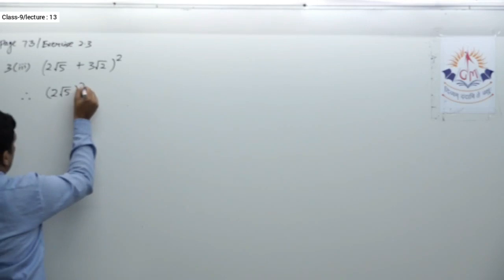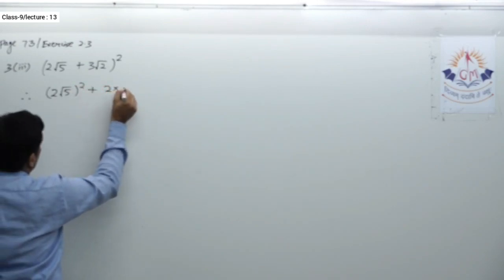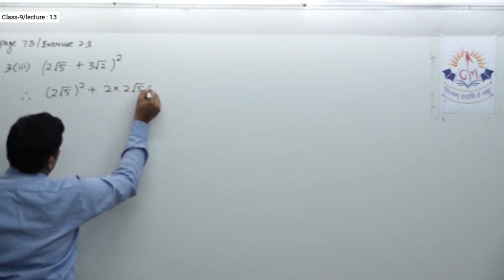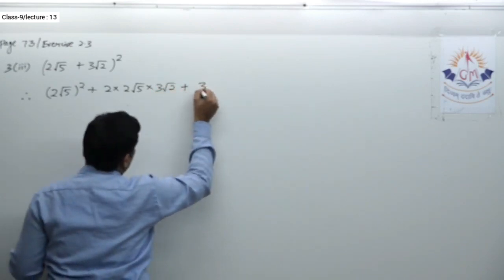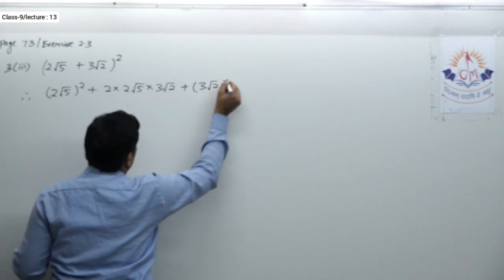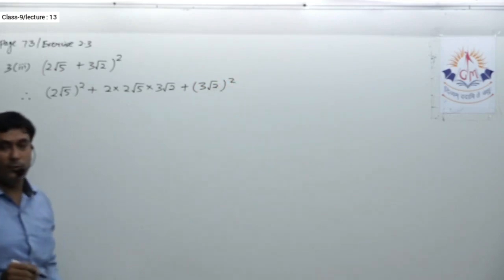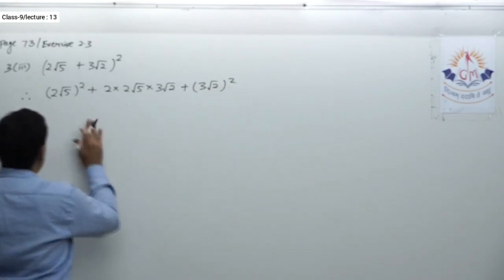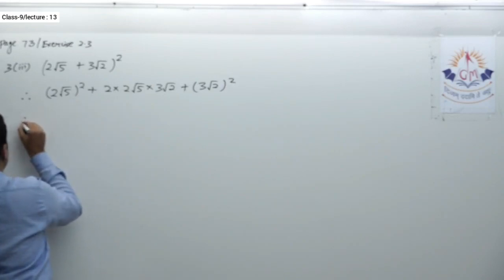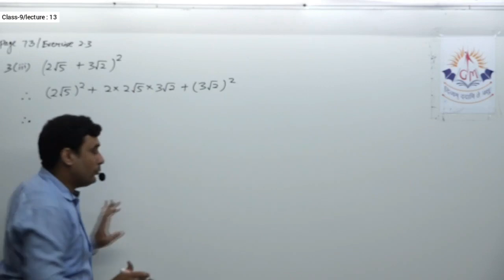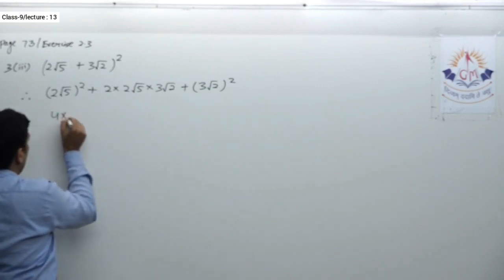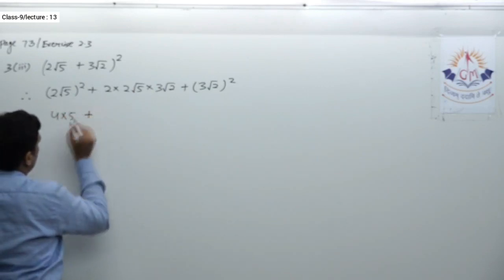a square plus 2 into a into b plus b square. Okay, simply I applied the identity of (a plus b) whole square. Now I'll expand this. So (2 root 5) square, that means 2 square times root 5 square. So 2 square is 4, root 5 square is 5.